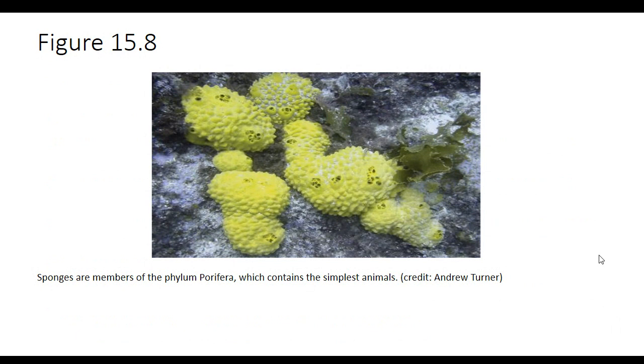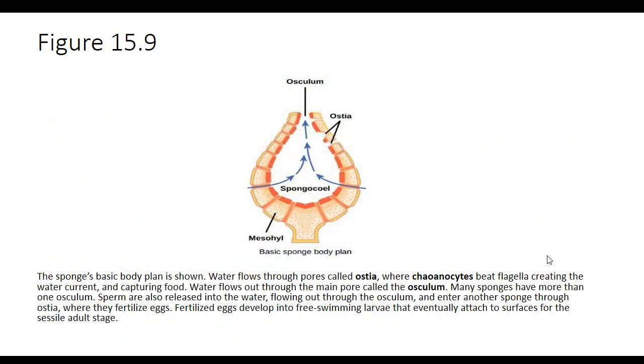Here's just one type, but the general body form of a sponge is usually some kind of hollow chamber inside. And there are only a few different kinds of cells that make up the whole sponge.